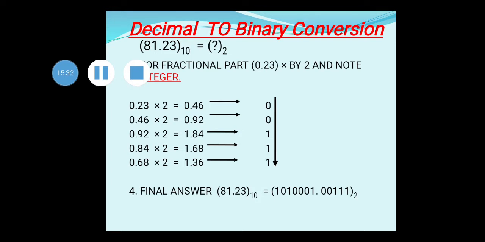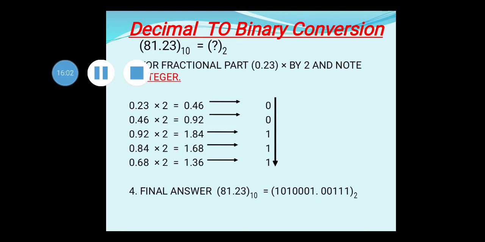And the final answer of the decimal number 81.23 is equal to 1010001.00111. You check out here. For the integer part, I have noted the remainders from bottom to top, and for the fractional part I have noted the integer parts from top to bottom.